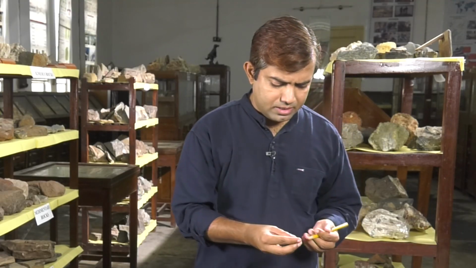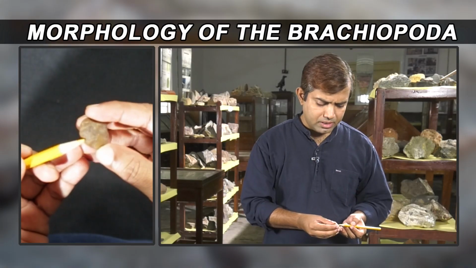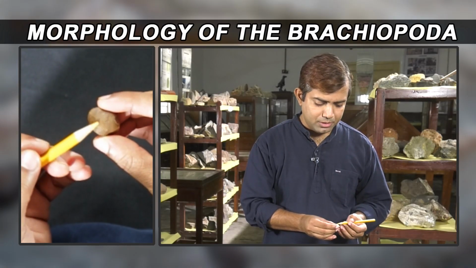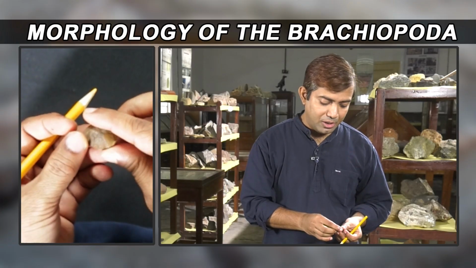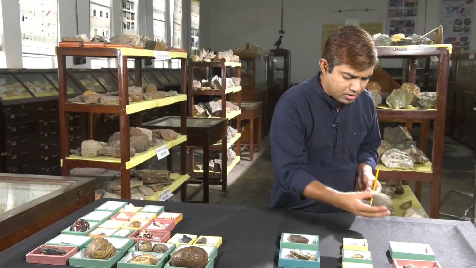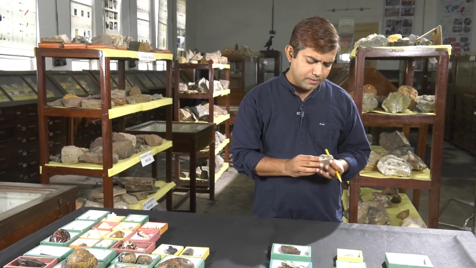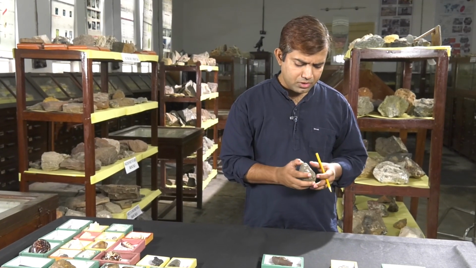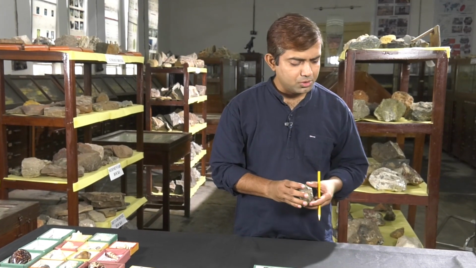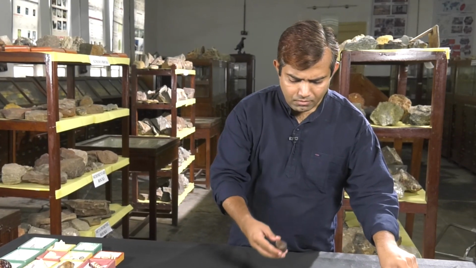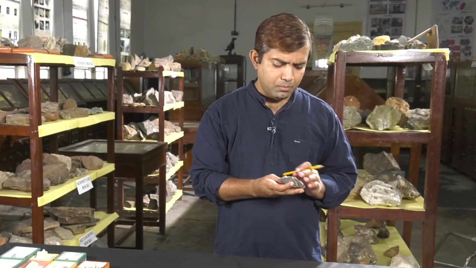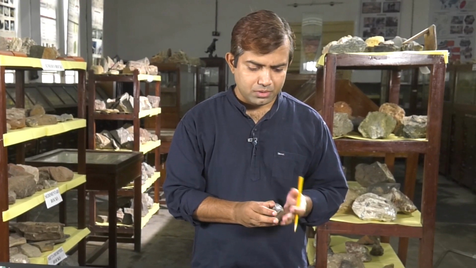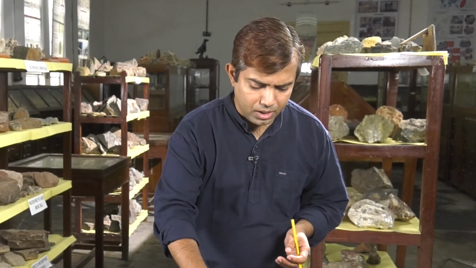If you say this portion is concave and this portion is convex, so this is concavo-convex form. Productus is also concavo-convex, but unfortunately because this is a fossil, we do not have the other parts to show you. Here also you have both the walls as convex, so it is also a kind of biconvex.